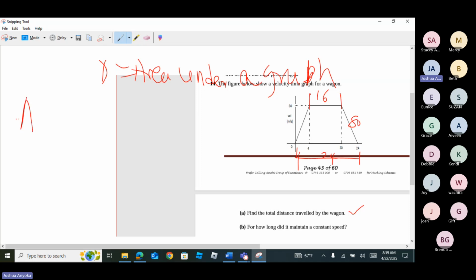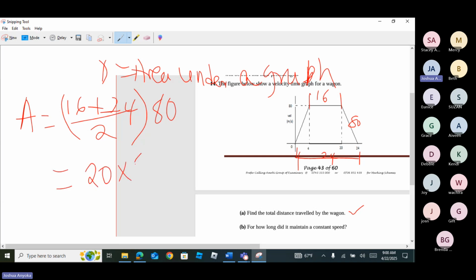So area of a trapezium is equal to 16 plus 24 divided by 2 times the distance between the two. It is the average of the sum of parallel sides times the perpendicular distance between the two parallel sides. So this gives us 40 divided by 2, 20 times 80.